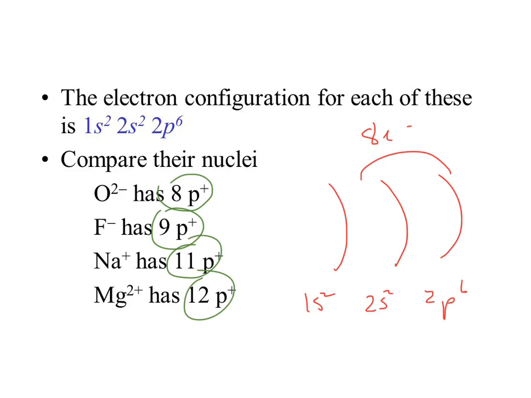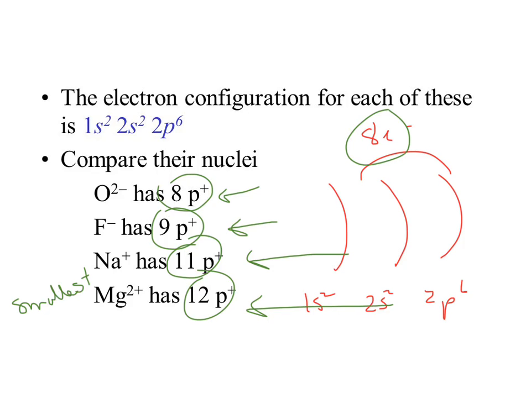So here in a minute, if I let the size of my arrow be an indication of the attraction of these 8 electrons, we're going to see that those 8 electrons are really attracted to the magnesium +2, less for the sodium +1. Again, if the length of my green arrow is an indication of the attractive forces, on the next slide you're going to see that this is the smallest, and actually, this is the largest.